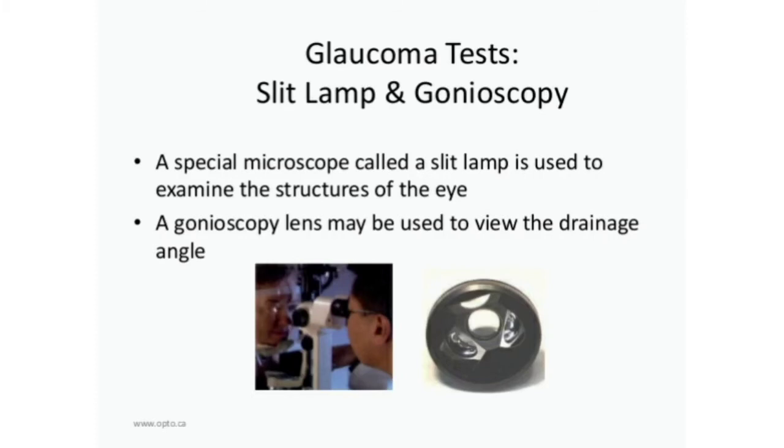So what is a slit lamp? A slit lamp is a kind of special microscope, which you have seen in the ophthalmologist's chamber, where you put your chin and keep your forehead on a rest.